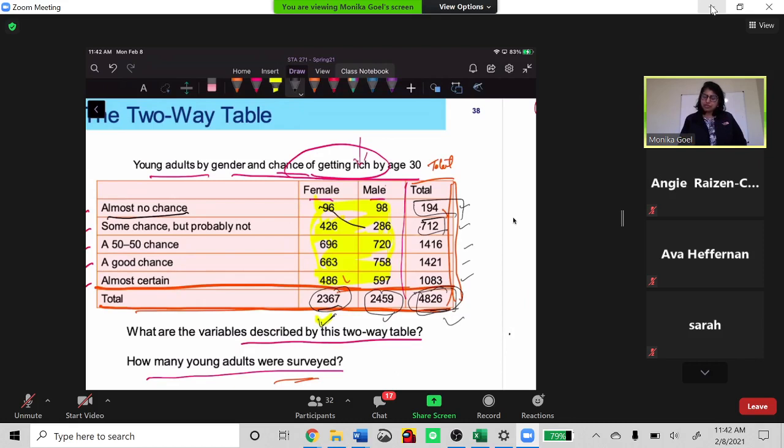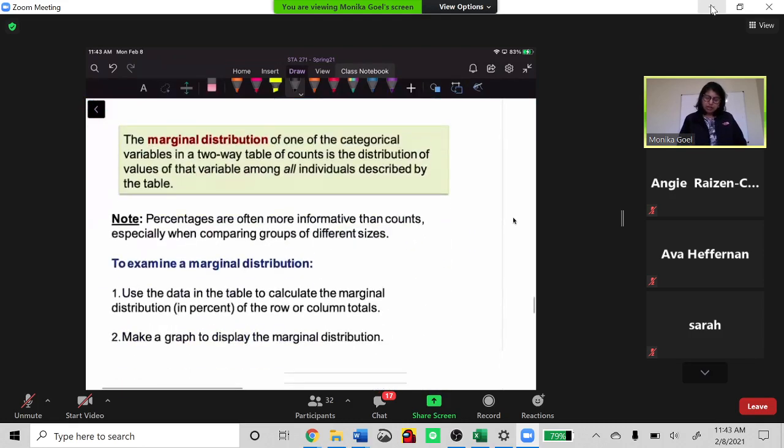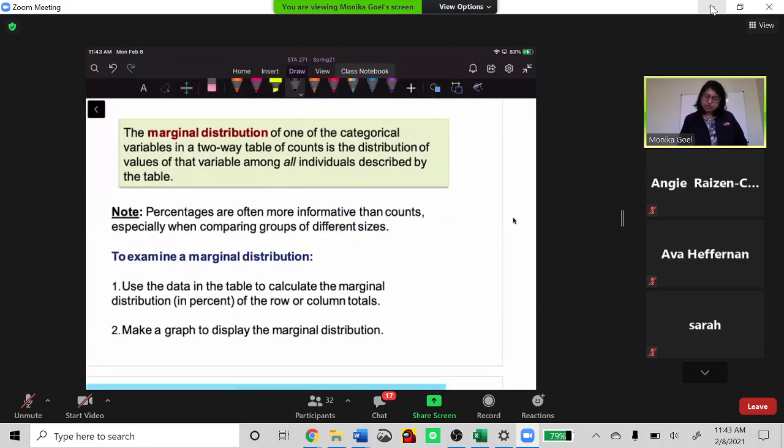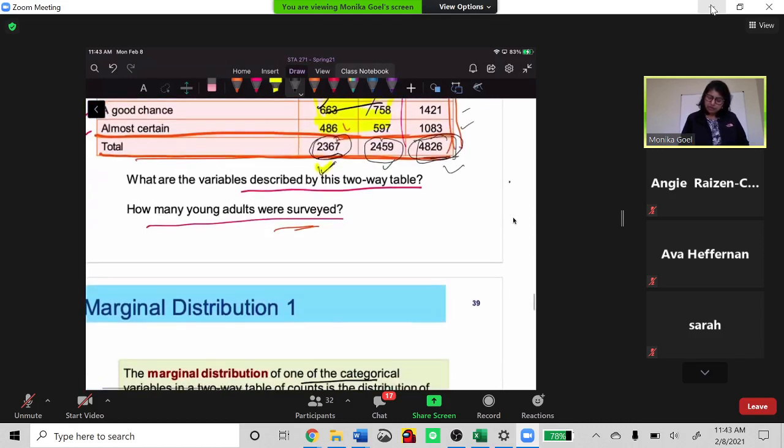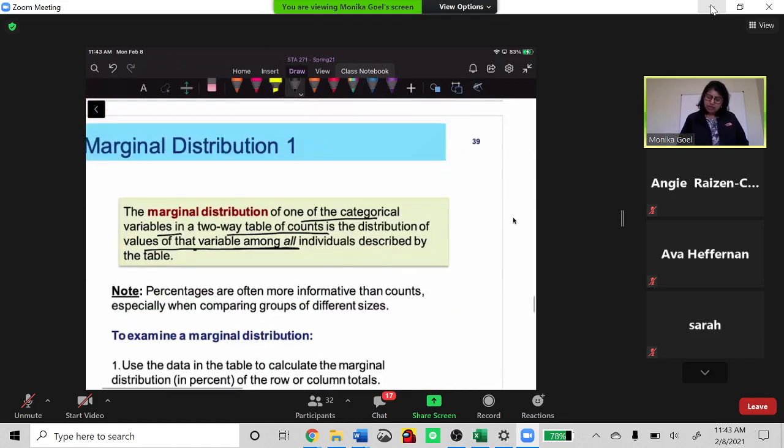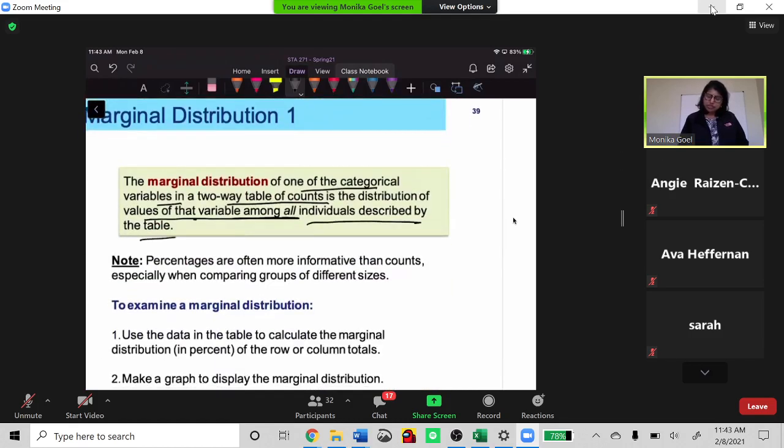And again, as I mentioned, we are not going inside the cell. We are just creating an extra marginal row and marginal column, and then we work with that margin row or margin column depending upon what information is given and what I'm working with. So here is the definition. The marginal distribution of one of the categorical variables in a two-way table of counts is the distribution of values of that variable, let's say female or male, among all individuals described by the table.